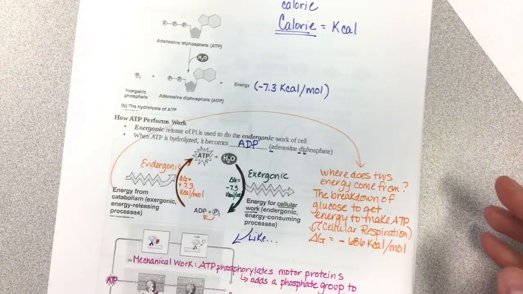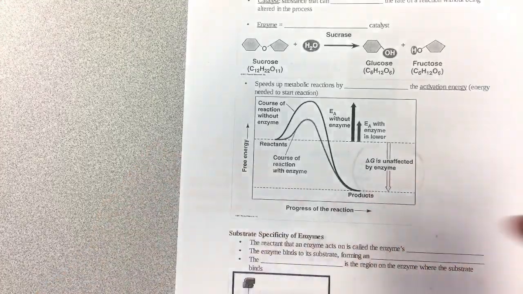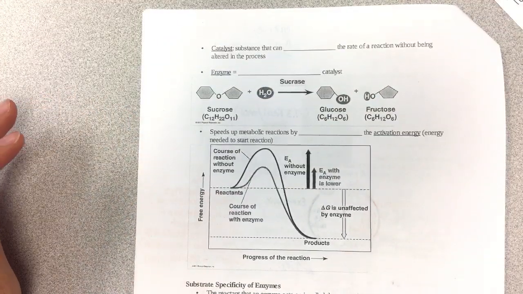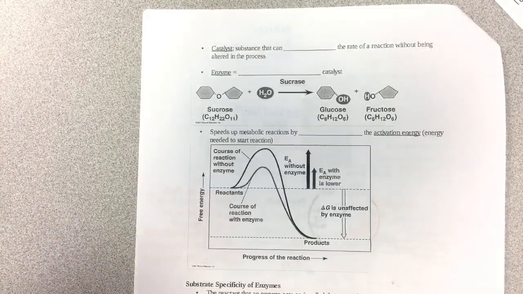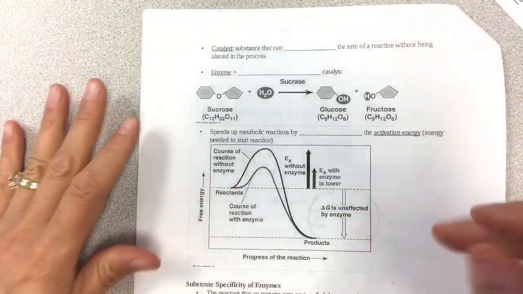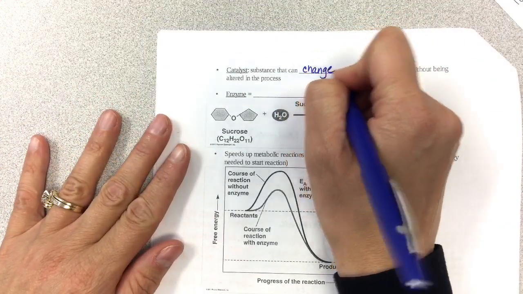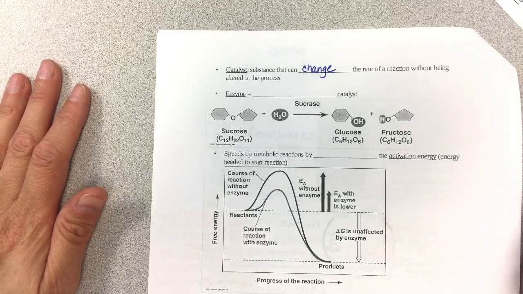Alrighty, so let's move on and take a look at enzymes now, and how enzymes play a role in this. Let me go back to my blue pen here. A catalyst is a big umbrella term for any substance that can change the rate of a reaction without being altered in the process.